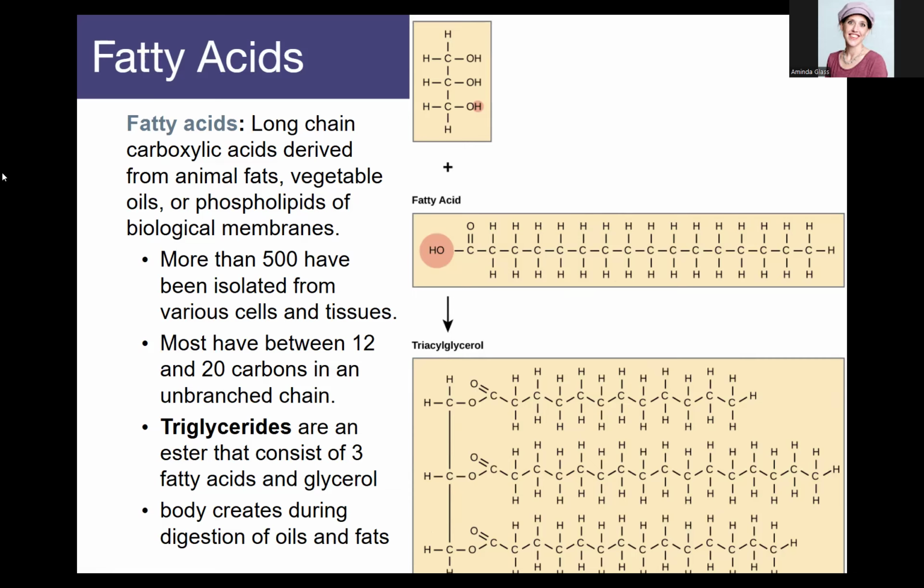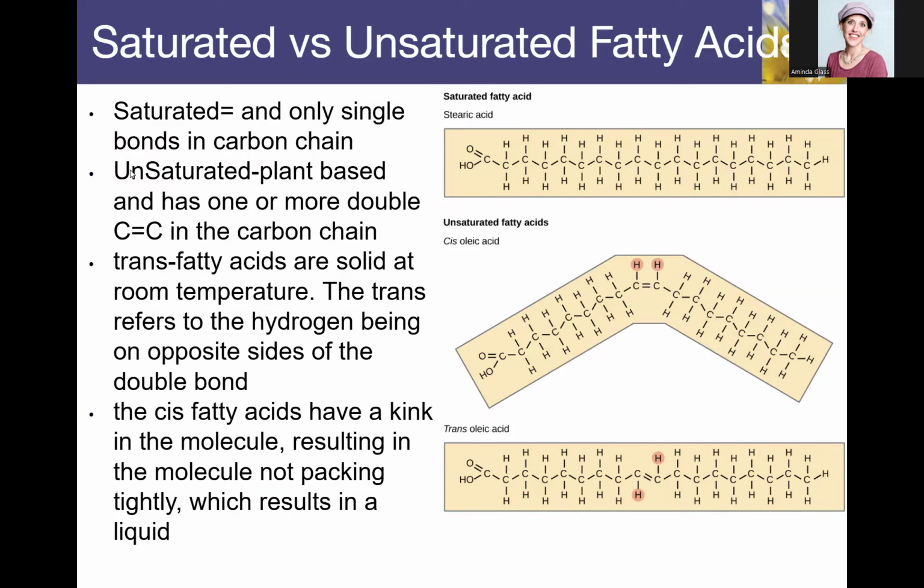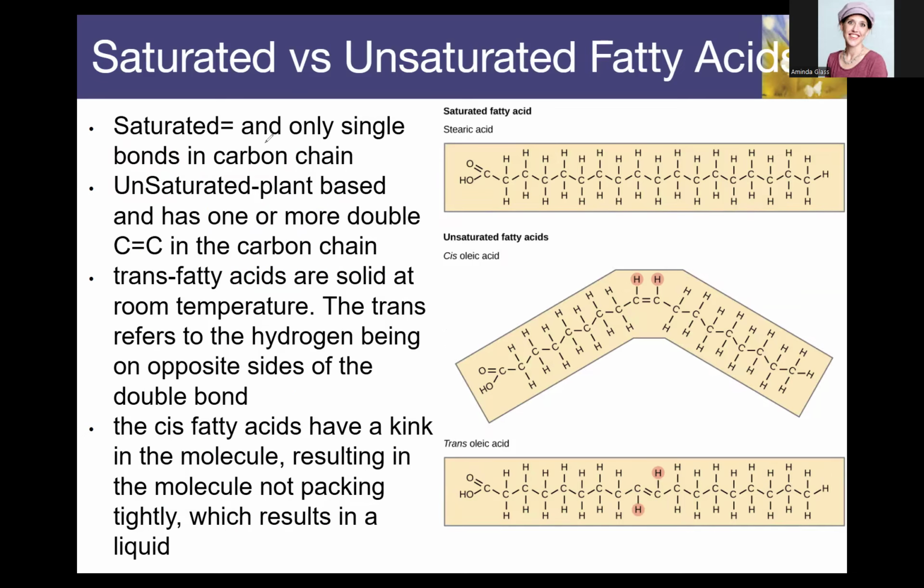Now, saturated versus unsaturated fatty acids. Saturated, you have only single bonds. So here you have an example of a saturated fatty acid. Only single carbon bonds throughout. Every bond is saturated with hydrogens in this carbon molecule. That's what it means.